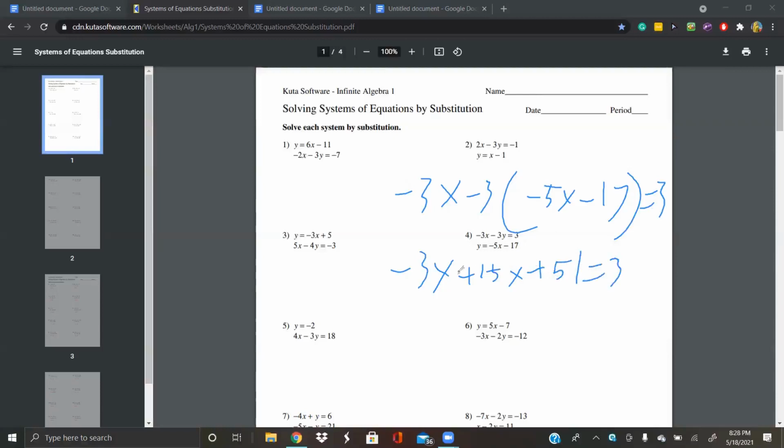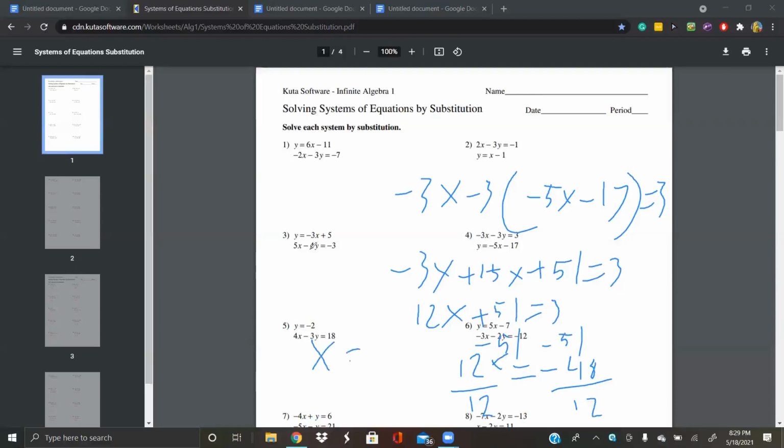Then we combine the two x terms, 12x, so 12x plus 51 equals 3. Now we subtract 51 on both sides to isolate the x. That leaves us with 12x equals negative 48, and we divide by 12 on both sides, which leaves us with x equals negative 4.